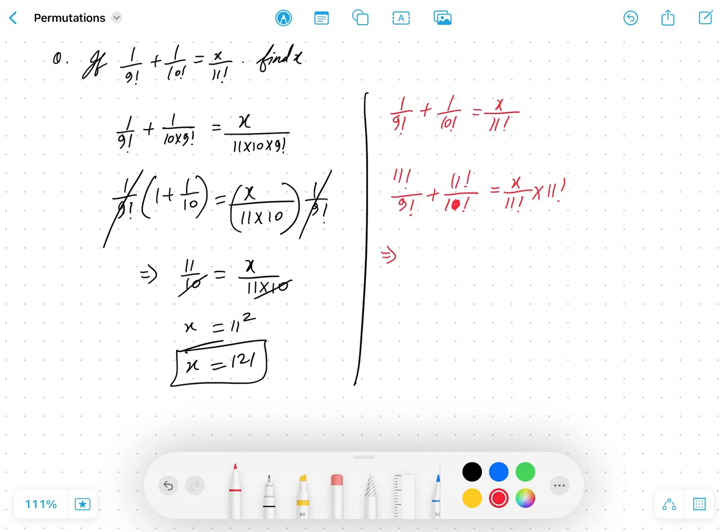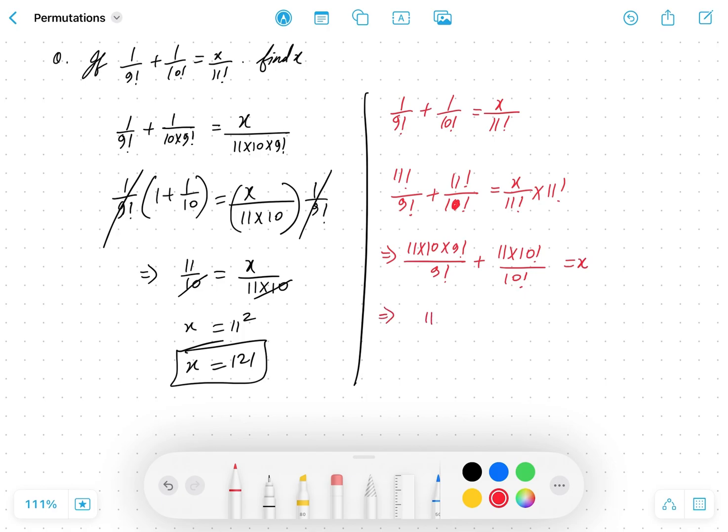Now if we do a simple calculation here, we can write this as 11 into 10 into 9 factorial by 9 factorial plus 11 into 10 factorial by 10 factorial is equal to x.